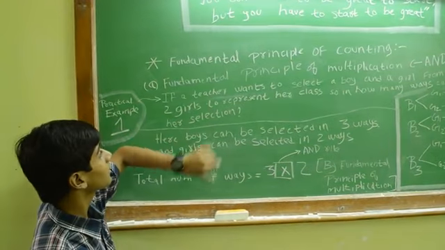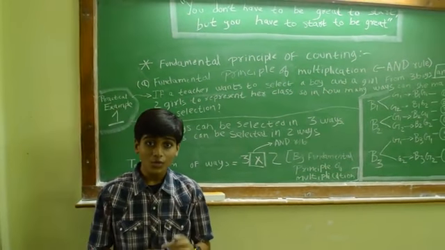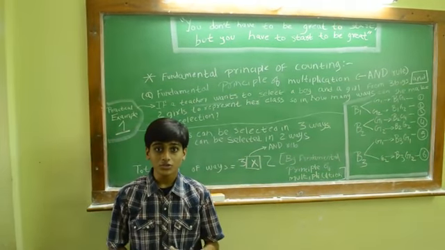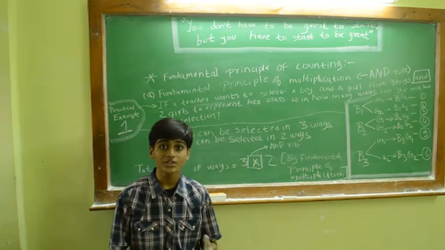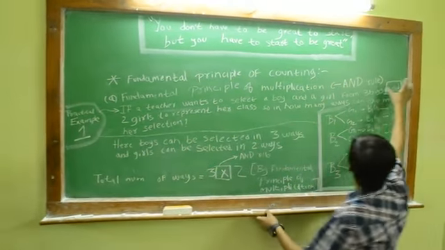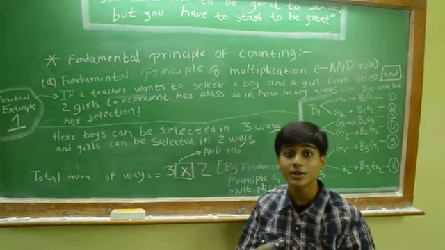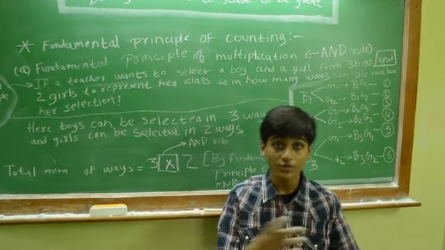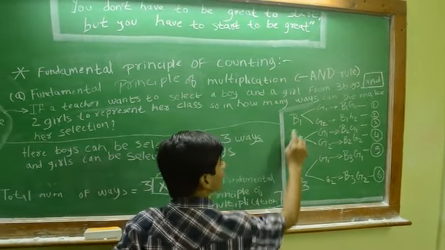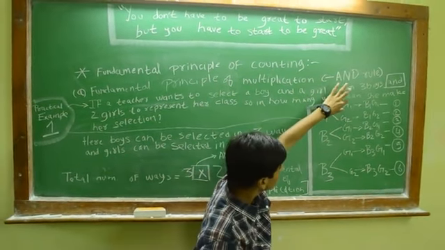So, fundamental principle of counting, fundamental principle of multiplication. A question: if a teacher wants to select a boy and a girl to represent her class from 3 boys and 2 girls, in how many ways can she make her selection? How many different ways can she select a boy as well as a girl? So if she selects boy B1, then she has 2 possibilities, further 2 possibilities with girl G1 or girl G2.